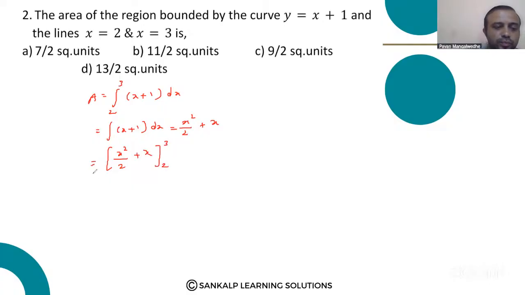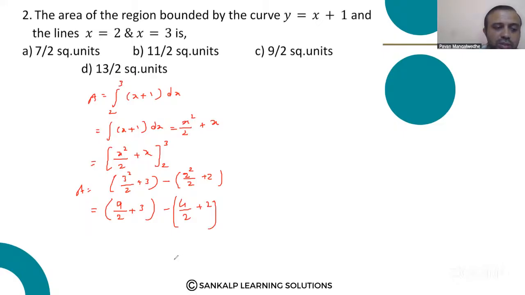It is the upper limit minus the lower limit, that is 3 square by 2 plus 3 minus, wherever x is there substitute 2, that is 2 square by 2 plus 2. So which gives 9 by 2 plus 3 minus 4 by 2 plus 2.